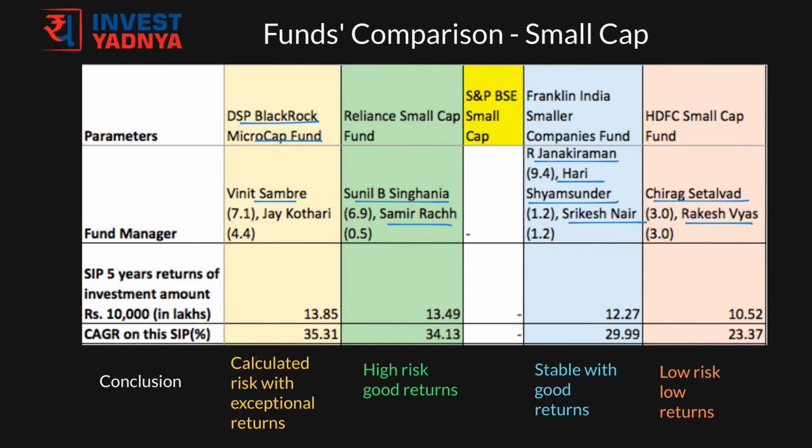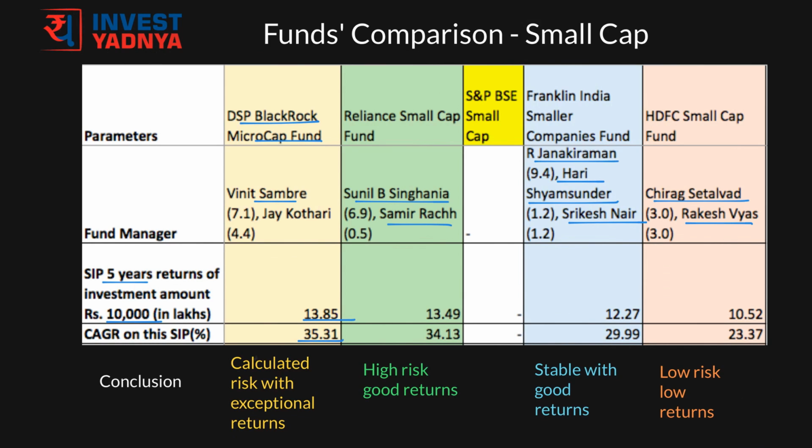Let us look at the returns of a 5-year SIP in each of these funds where the investment amount was 10,000 rupees each month. So, for a total investment of 6 lakh rupees, the value of investment in DSP BlackRock Microcap Fund was 13.85 lakh rupees with a CAGR of 35.31%.